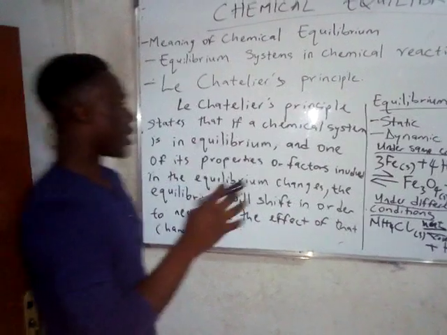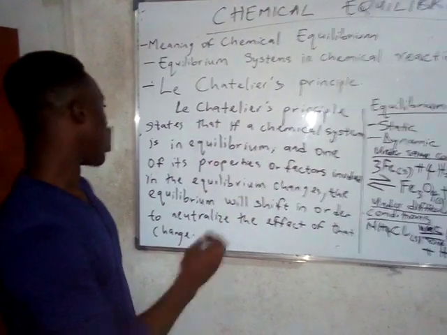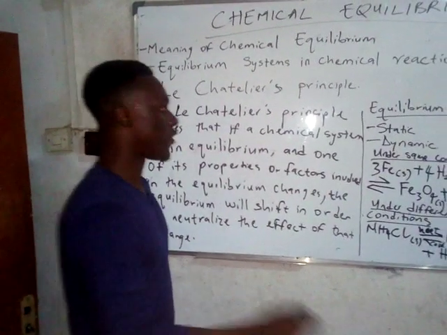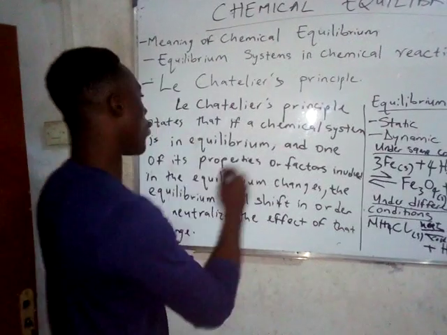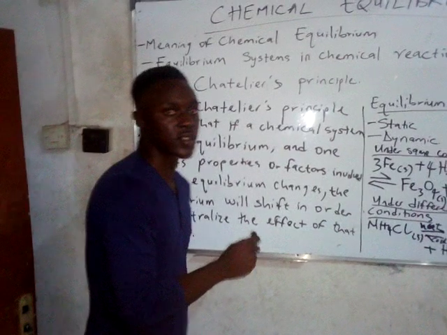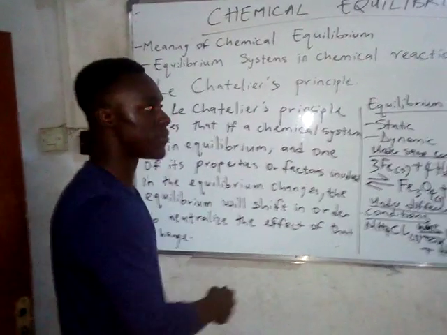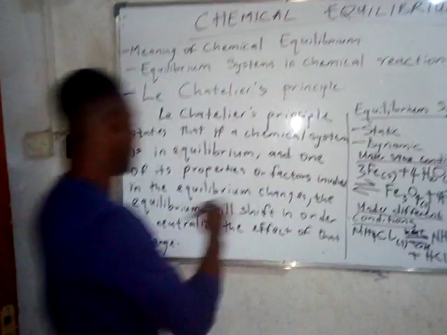Now, we consider a system under equilibrium, and then we take, for example, the factor that is changing is temperature. When one of these properties changes, the equilibrium position will have to shift from its initial position to another position in order to neutralize the effect.